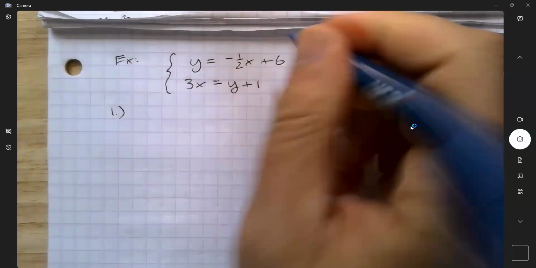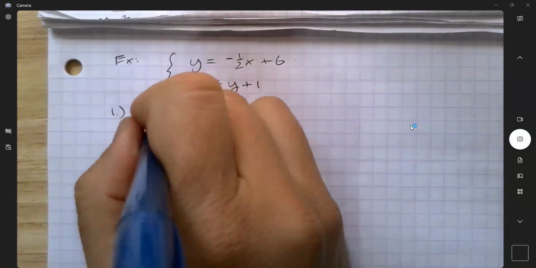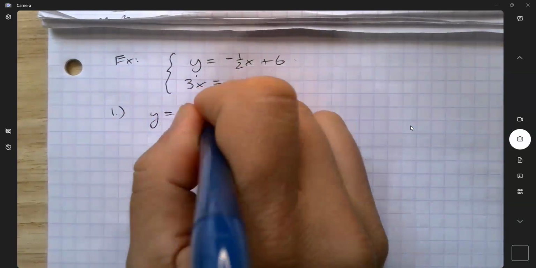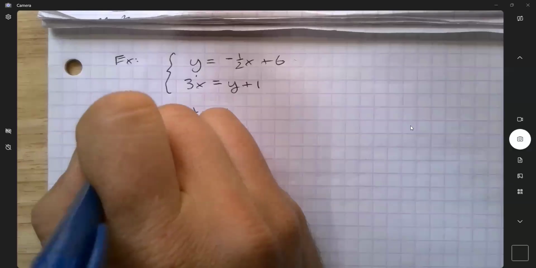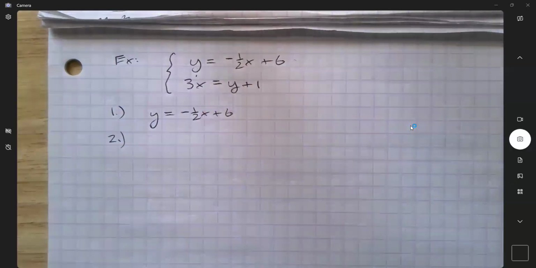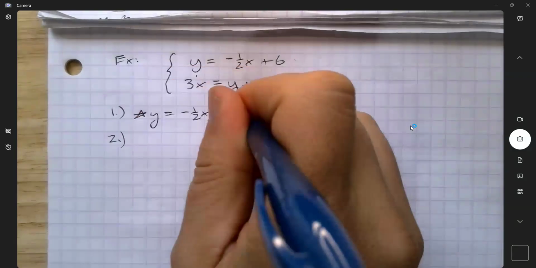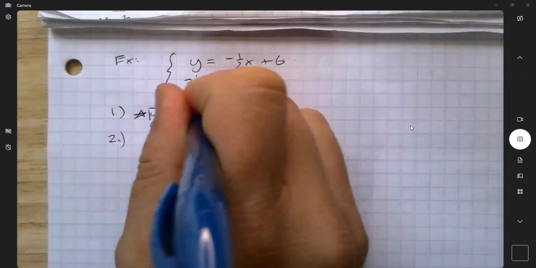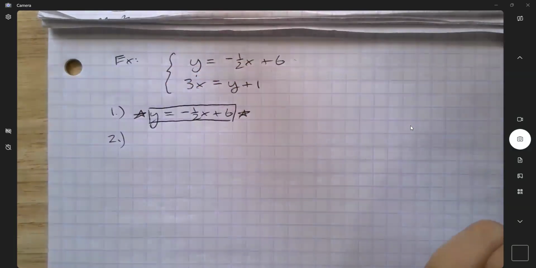I'm going to pick the top one because it's already solved for one of the variables. That's the easier equation. And I'm going to star it because I have solved one of my equations for one of the variables.